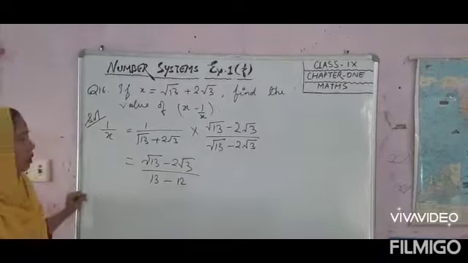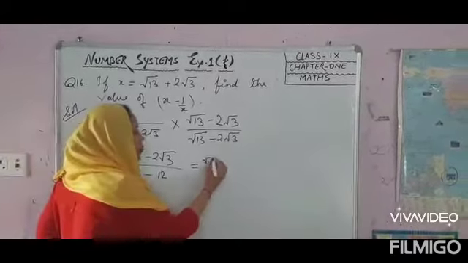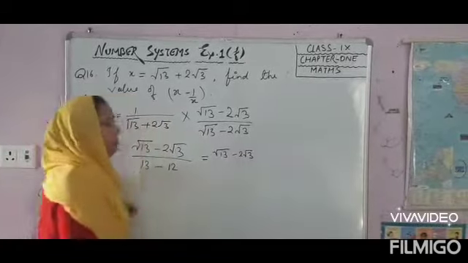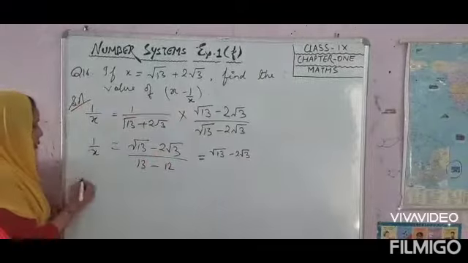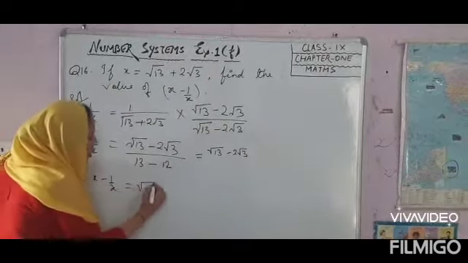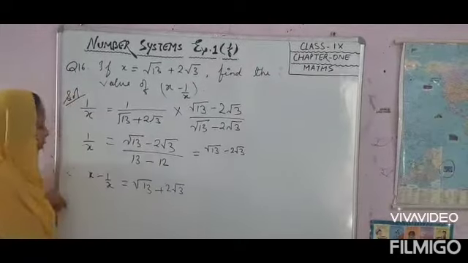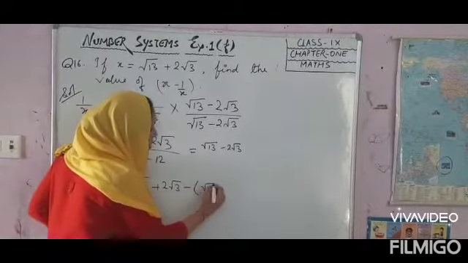4 3s are 12. The value of 1 upon x will be root 13 minus 2 root 3. Now to find the value of x minus 1 upon x: x is root 13 plus 2 root 3, minus the value of 1 upon x, which is root 13 minus 2 root 3.